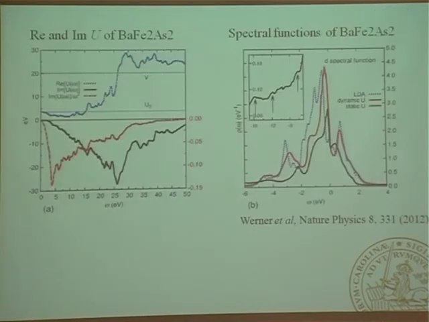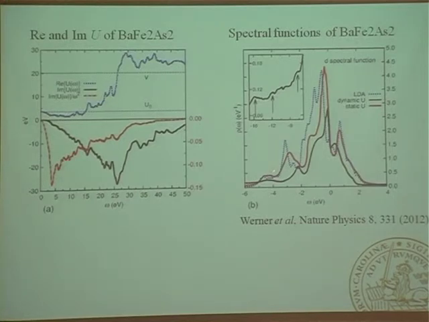And this is a relatively recent calculation of the spectral functions for one of these iron-based superconductors, where one takes into account the frequency dependence when solving the impurity problem.